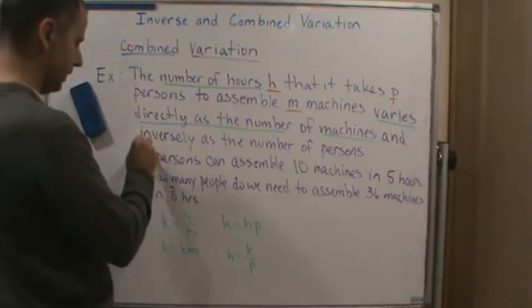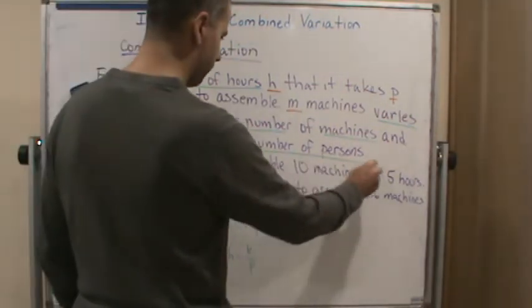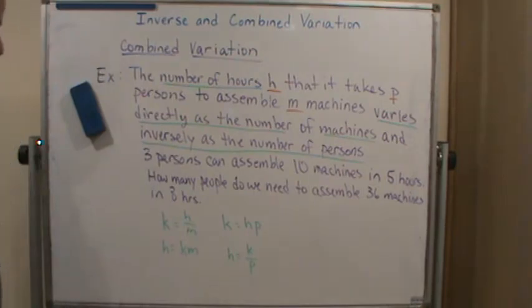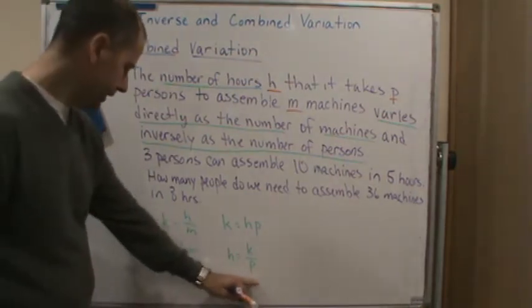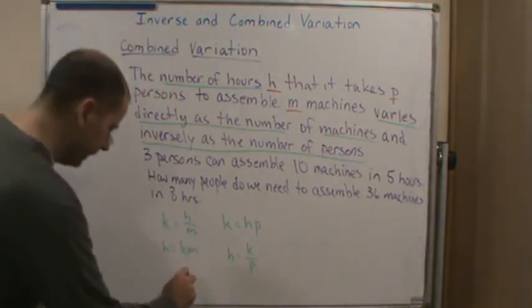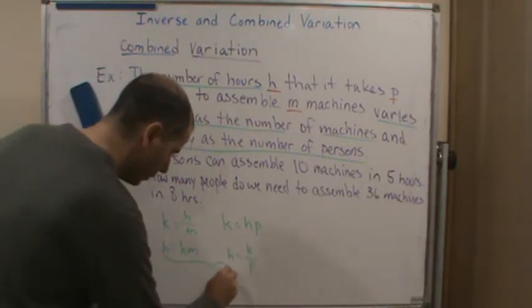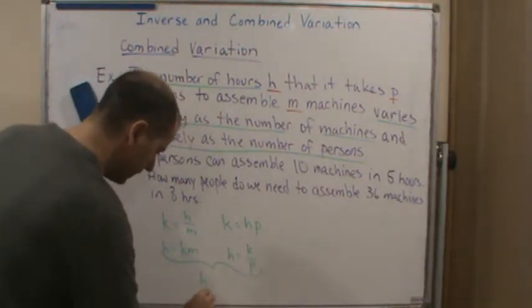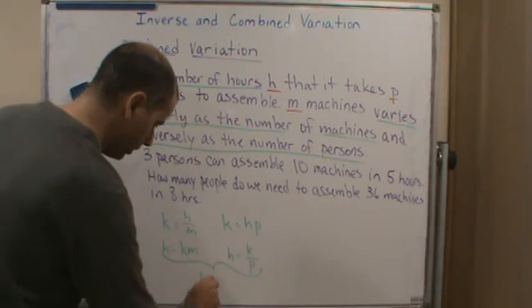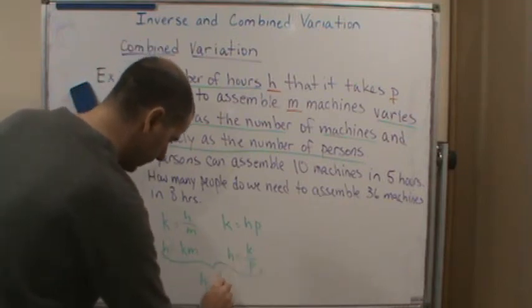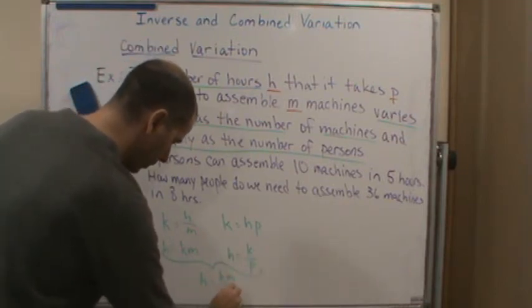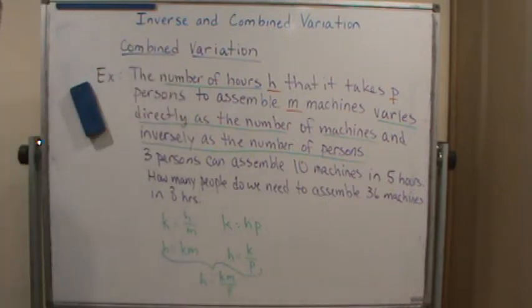So if we combine these two, what do we get? H is equal to KM over P. So there's our formula.